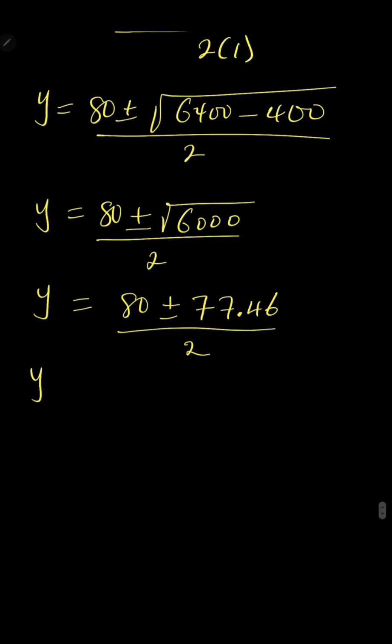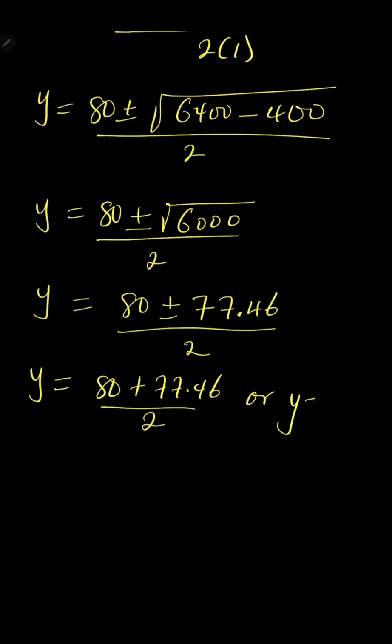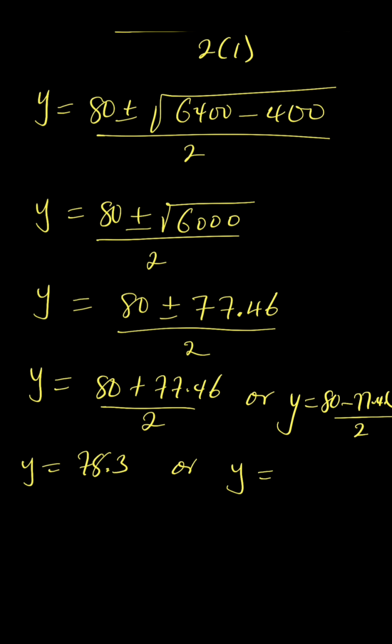So meaning that y can be 80 plus 77.46 over 2, or y can be 80 minus 77.46 all over 2. So y will now be 80 plus 77.46 divided by 2, which gives us 78.3, or y can be 80 minus 77.46 then divided by 2, which gives us 1.27.